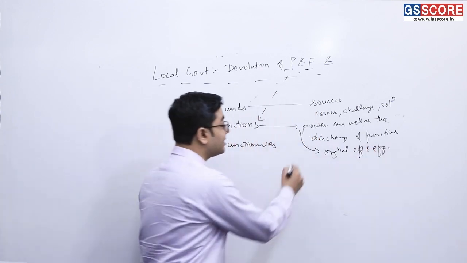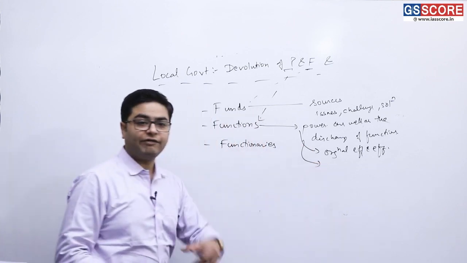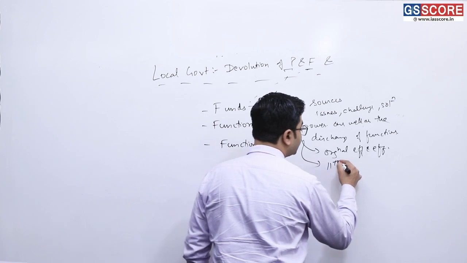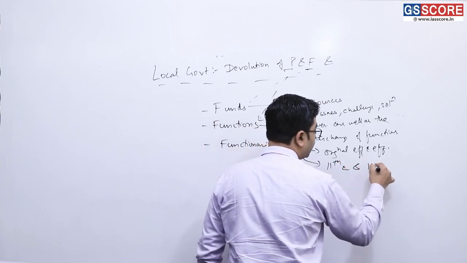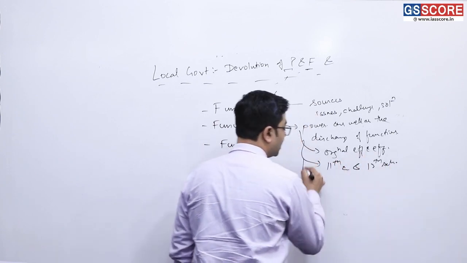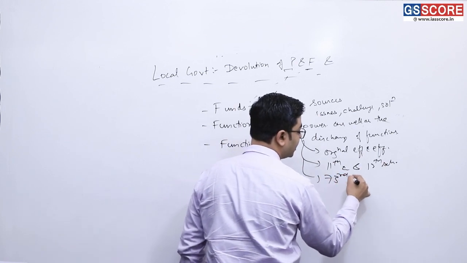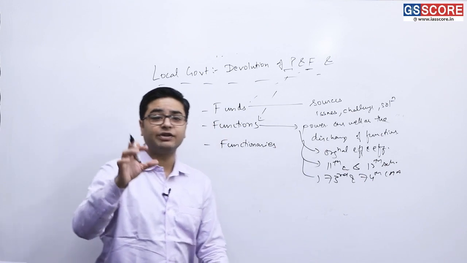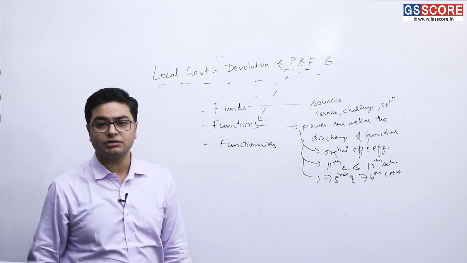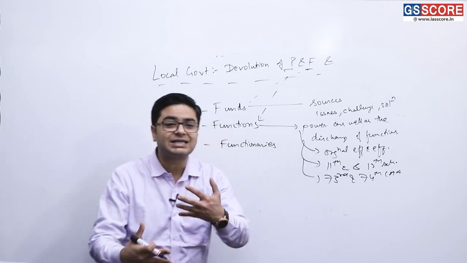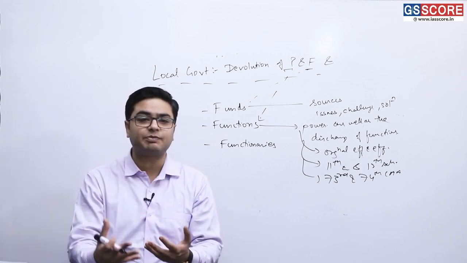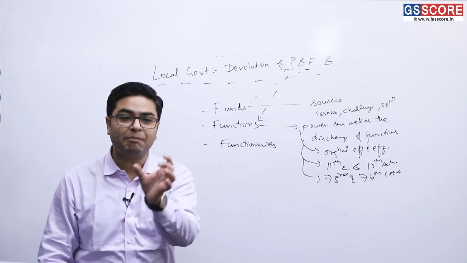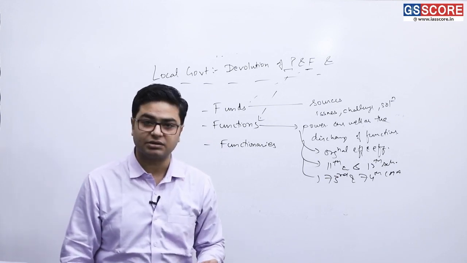The relationship of functions entrusted to these bodies vis-a-vis the 11th and 12th Schedules. The provisions of the 73rd and 74th Constitutional Amendment Acts in terms of mandatory and optional provisions, and the qualitative analysis of how good these bodies are in implementing functions.